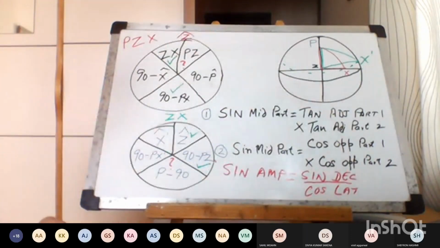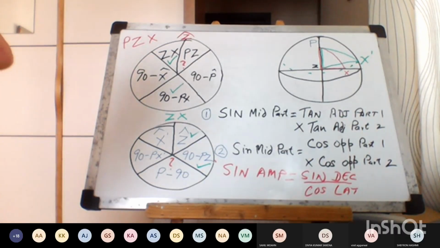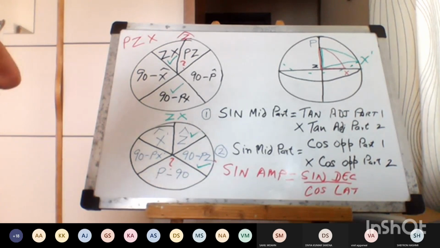Okay. Can you make any relationship with the Napier rule by looking at this? Does it look similar or no?